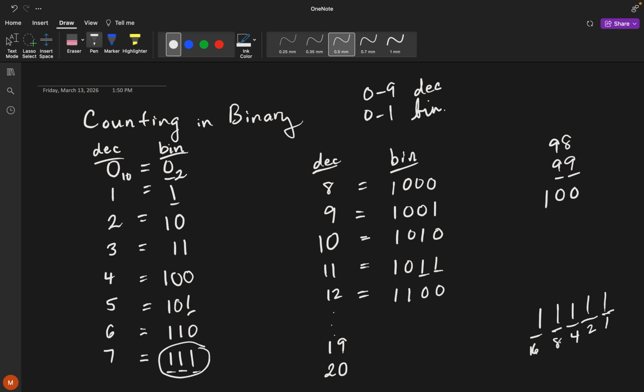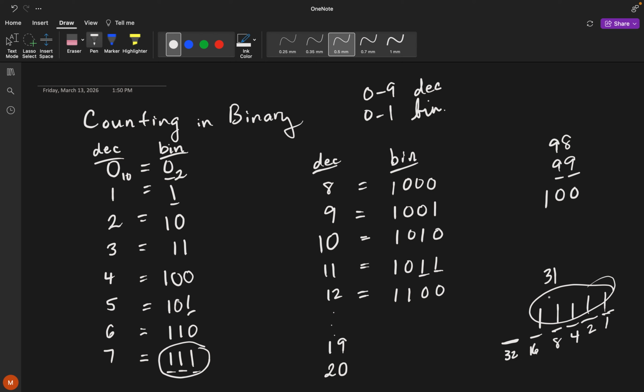Okay, so it would be adding all of these up, right? But a little shortcut is the next one would be the 32 place. So the next number would be setting all these to 0 and adding a 1 to this place, making it 32. So what it means is all of this is 31. Just a little thing to notice that might save you some time.